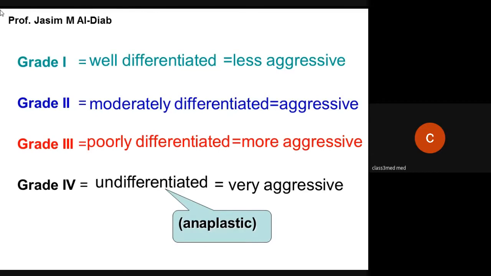This is the general scheme. Each tumor has its own grading system. Some tumors are graded into 3 grades: grade 1, grade 2, grade 3. For example, adenocarcinoma of the colon. Other tumors are graded into 4 grades, like transitional cell carcinoma of the bladder, grade 1, grade 2, grade 3, grade 4. Glioma, a tumor of the glial cells of the central nervous system, is also graded into grade 1 to grade 4.